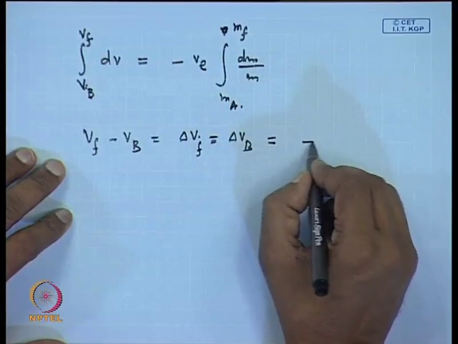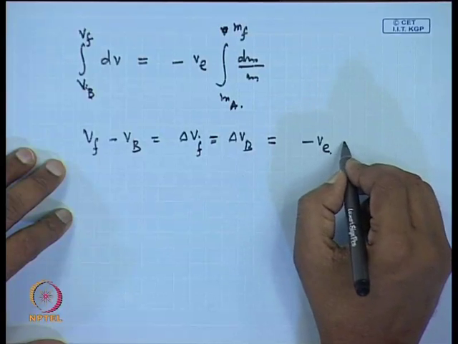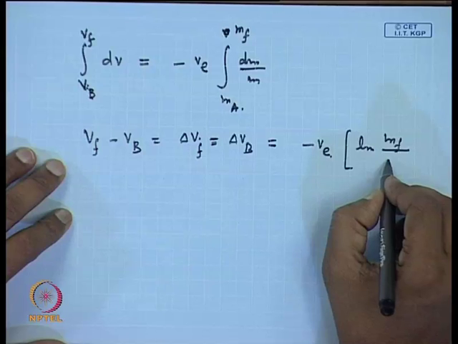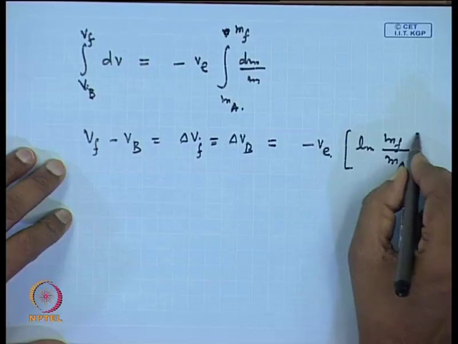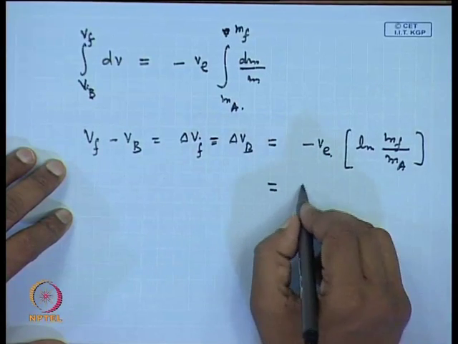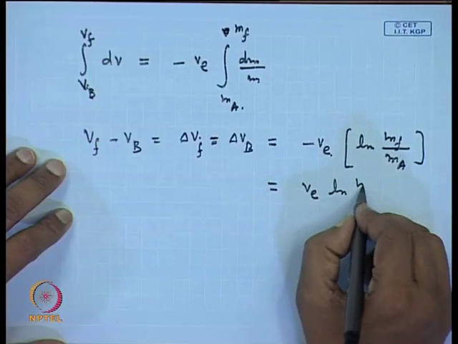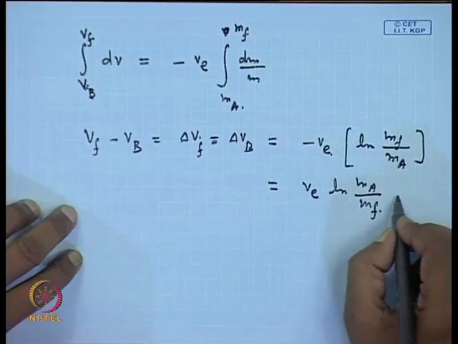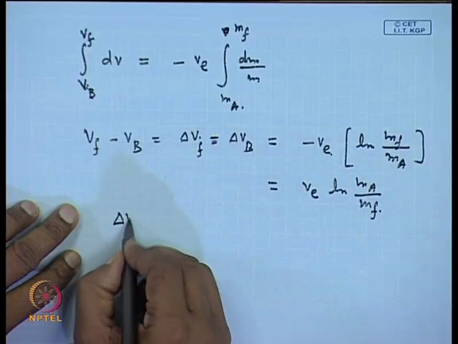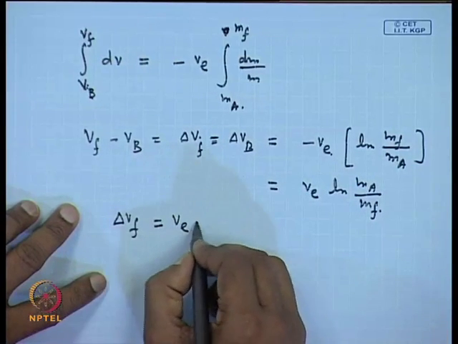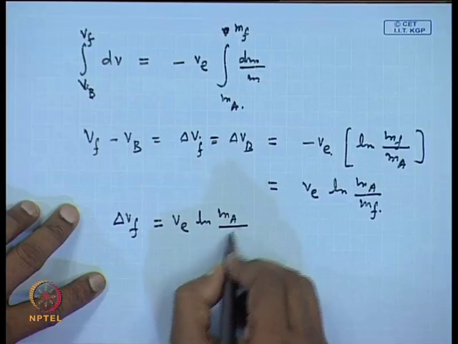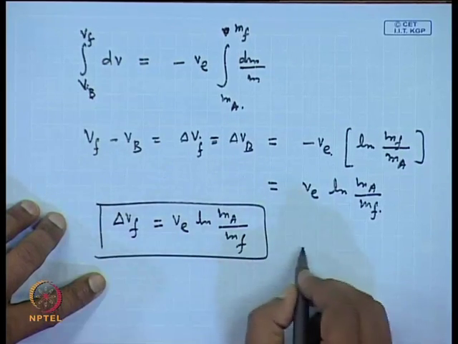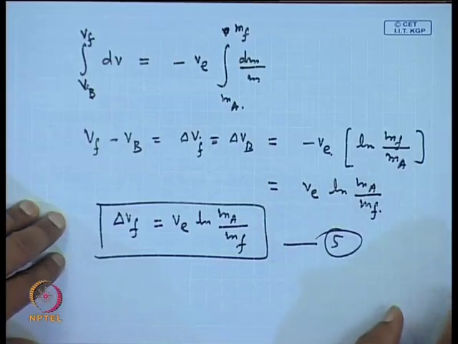So, this becomes equal to minus v_e times ln m_f by m_a, or the same thing can be written as v_e times ln m_a by m_f, and thus we get delta v_f equal to v_e times ln m_a by m_f. This is our equation number 5.